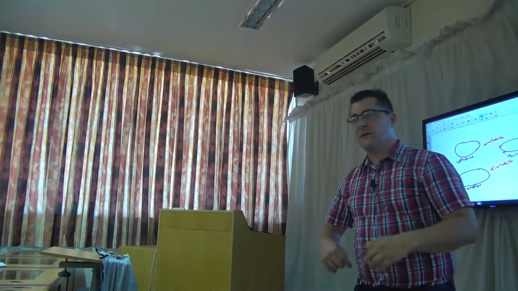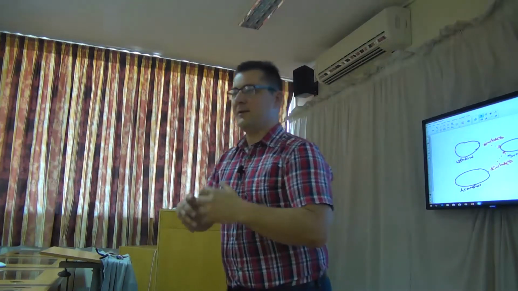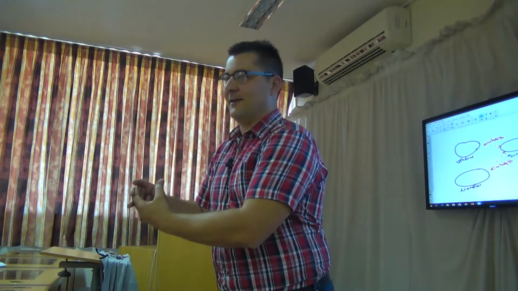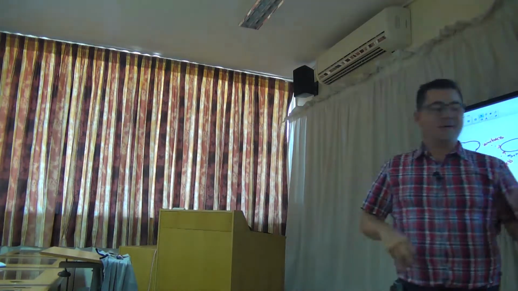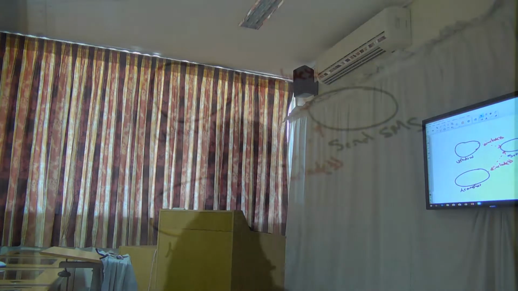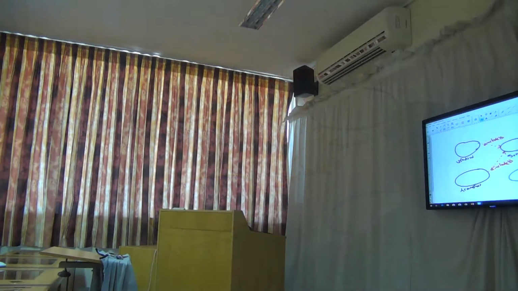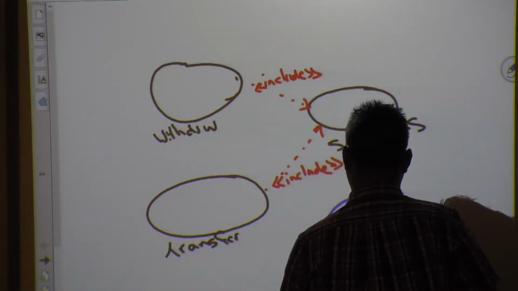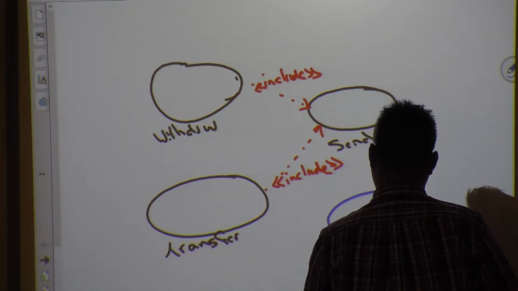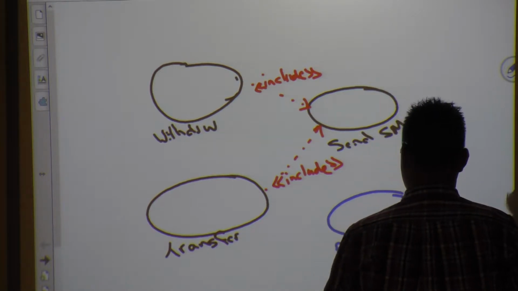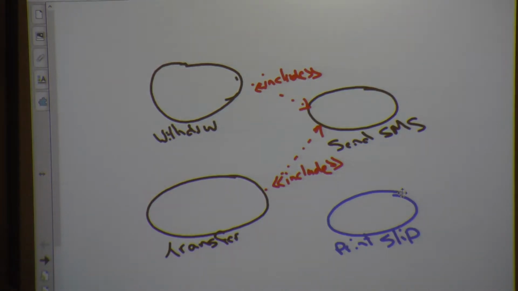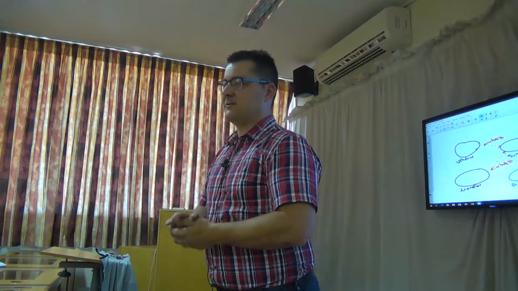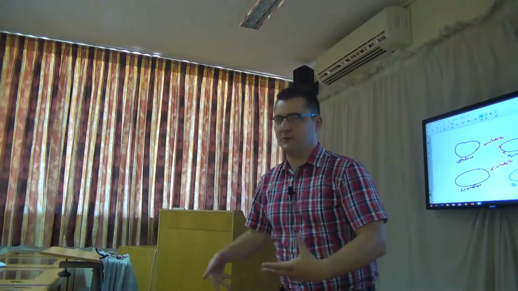Okay. I heard the question about what is the difference between include and extend. Okay, what is an extend now? It's optional. So if we have a use case called print slip, what does that mean to us? Is it always going to be done, or is it optional?